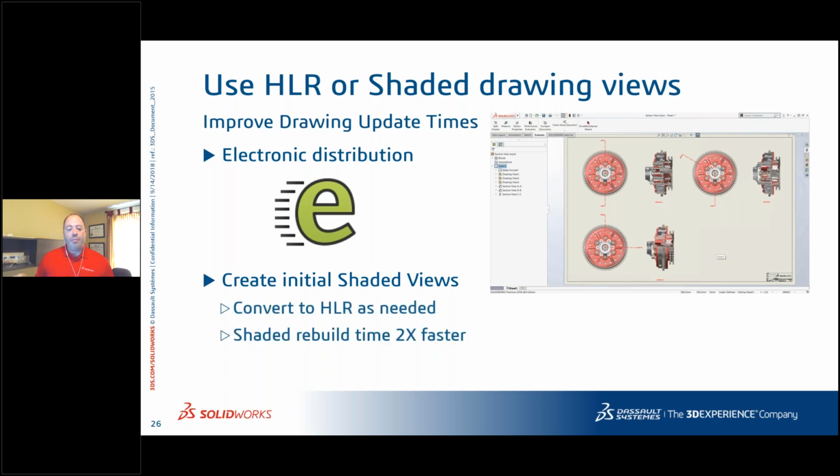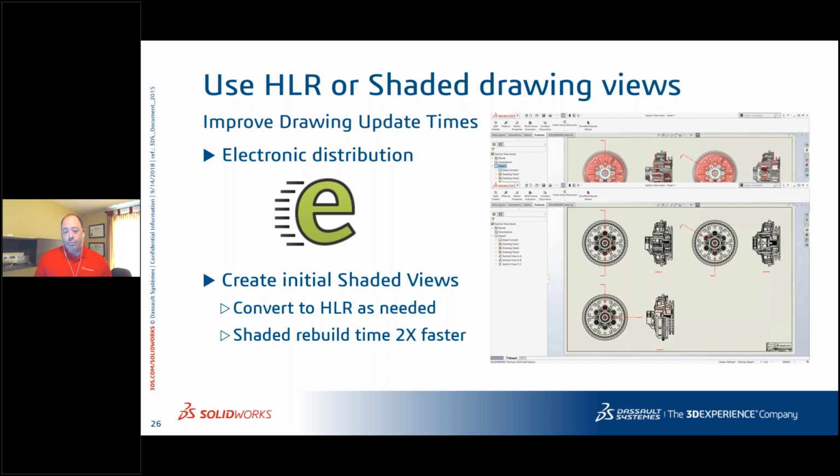And then as I'm starting to detail that drawing, I'm going to switch my views to a regular hidden line remove view, and then start adding dimensions, my notes, whatever I need to put in there. If I compare the two, the one that's now behind, that's shaded no edges, versus the one that's hidden line remove, the one in the back rebuilds twice as fast as the one in the front.